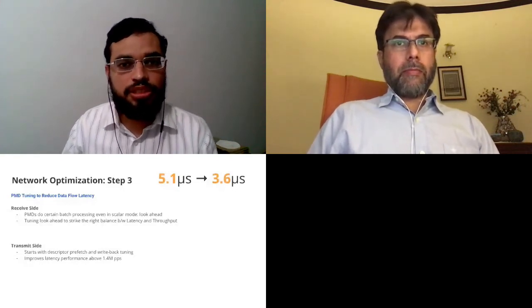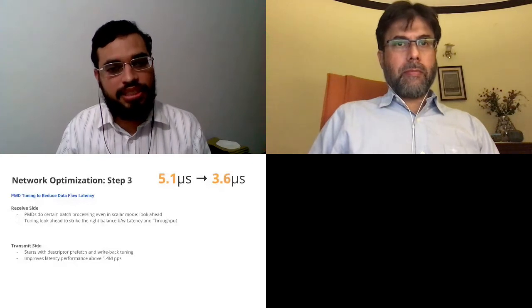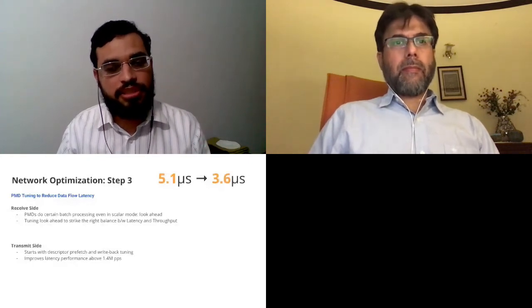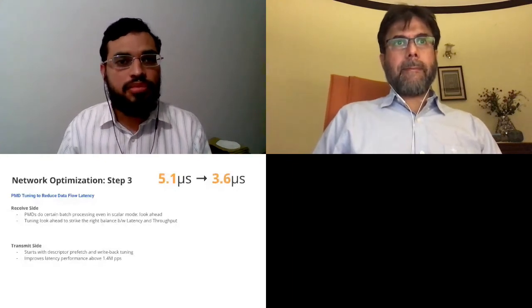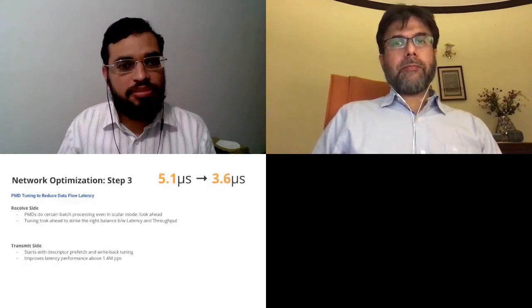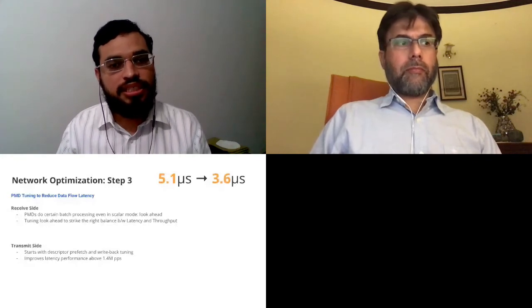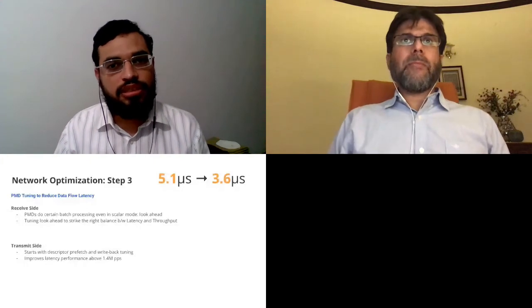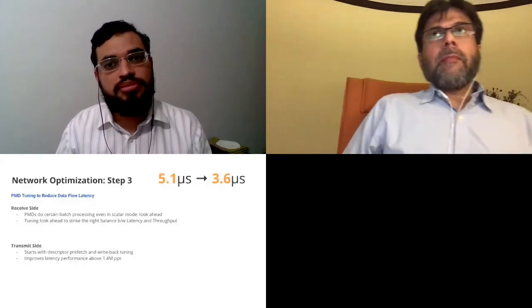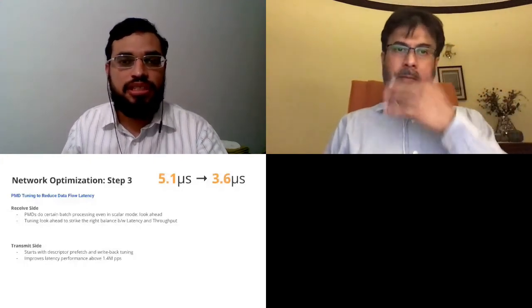Similarly, we tuned the write back in such a way that it writes back the descriptor to the host machine as soon as possible. These things helped us improve the latency above 1.4 million PPS. After this step, we were at 3.6 microseconds from 5.1 microseconds.